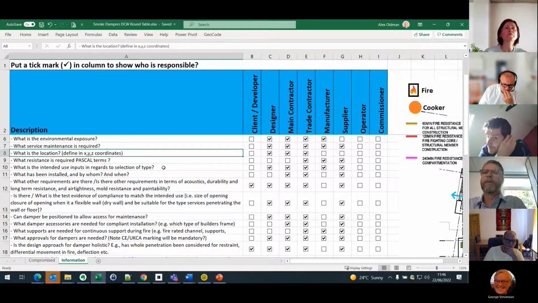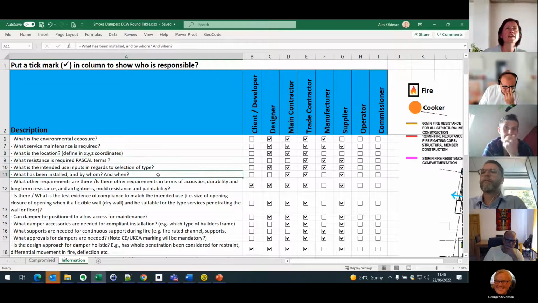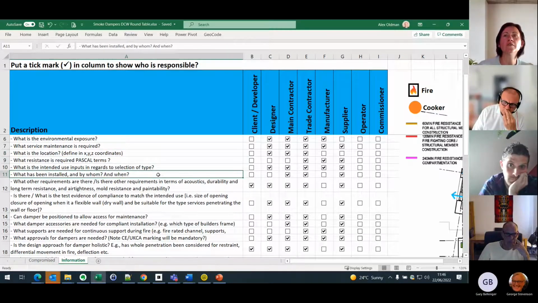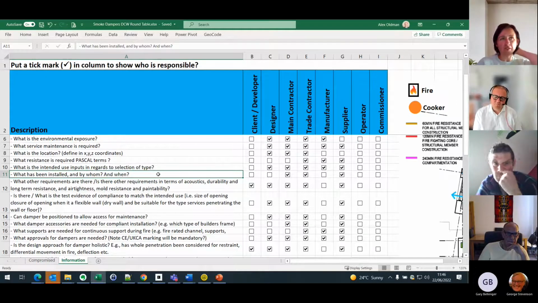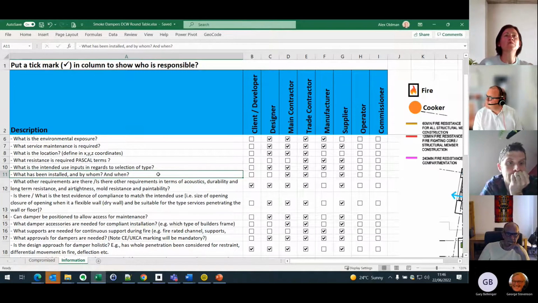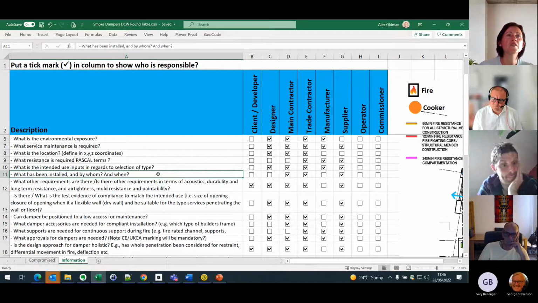There's a lot of tick boxes against the supplier, but I think it's probably worth rethinking the role of a supplier. This is new build, and I haven't been involved in new build. I don't know how active the suppliers are, but you would just think it's more like a platform for buying the products. But they seem to be ticked almost in every single section.